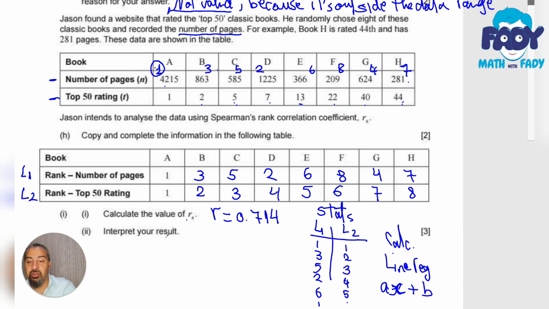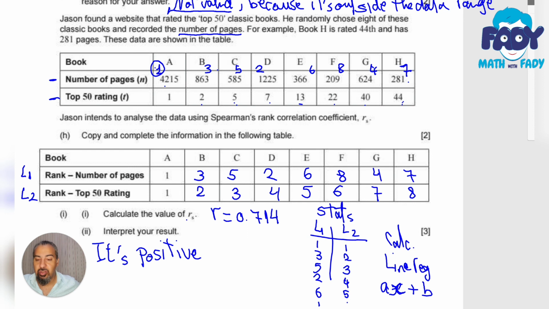Interpret your result. So this 0.714, obviously it's positive. So first, it is positive, and this 0.7 could be considered as moderate.